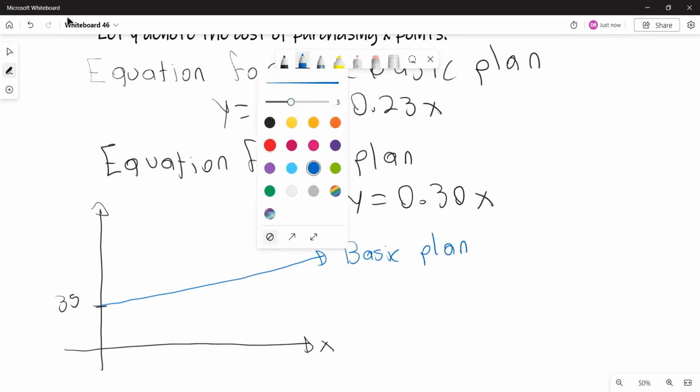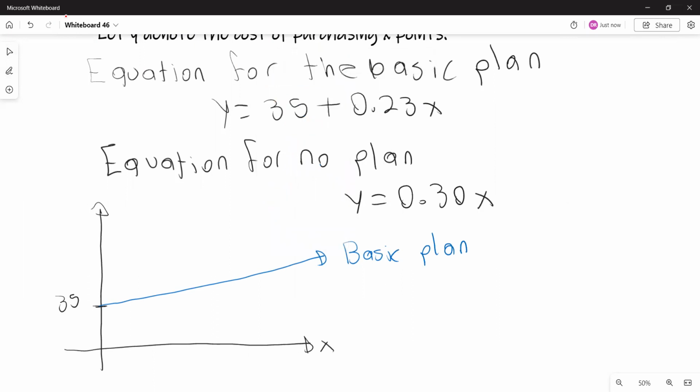And for no plan, the y-intercept is 0, 0, but it has a larger slope, so the line is going to be steeper. And they are going to intersect at the point where these two are equal.